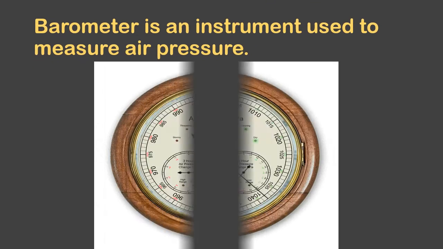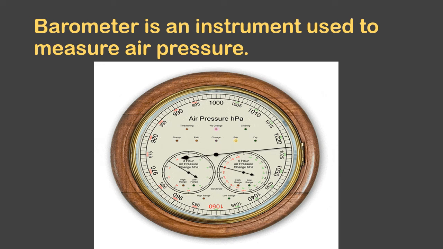Now the barometer. Barometer is an instrument used to measure air pressure. This is a barometer. A barometer is a scientific instrument that is used to measure air pressure in a certain environment.